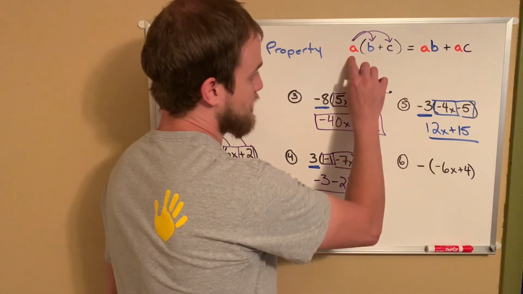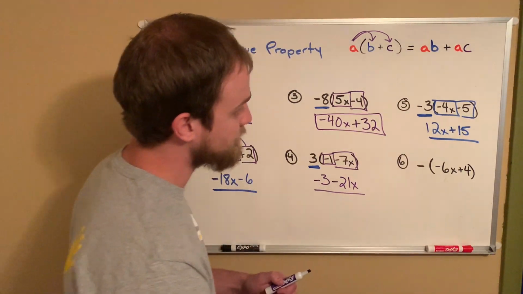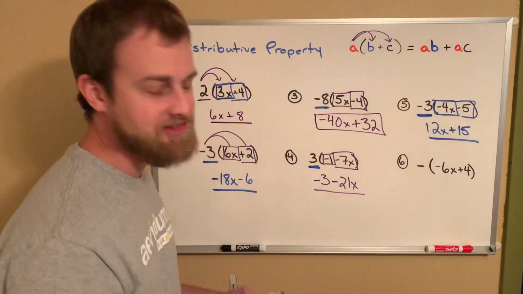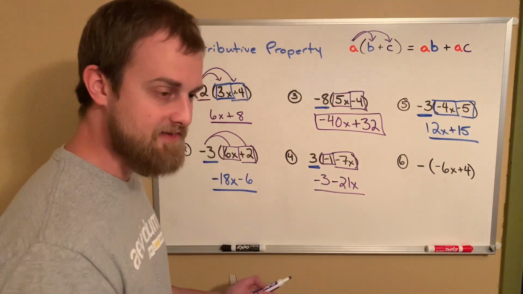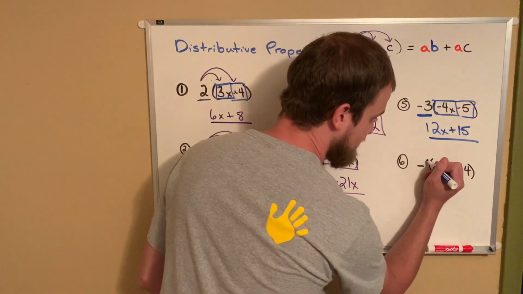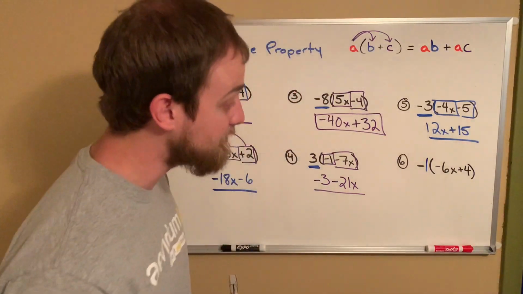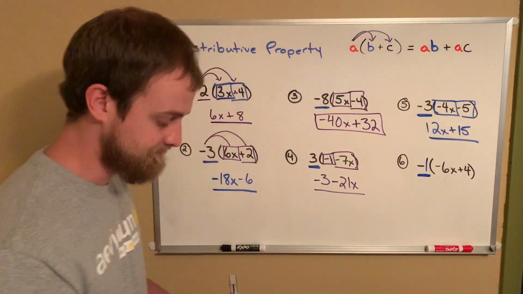Notice in this one that there's no number out front, but there's always kind of a side door in math where we can go, wait a minute, there actually is something there. Just like we can put a 1 in front of variables that have no coefficient, we can also do the same here. I can actually draw a 1 in there. So what that shows me is that I'm actually distributing a -1.